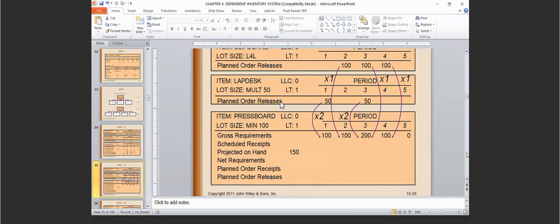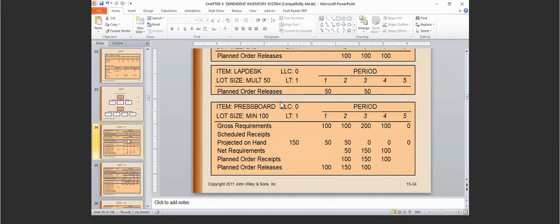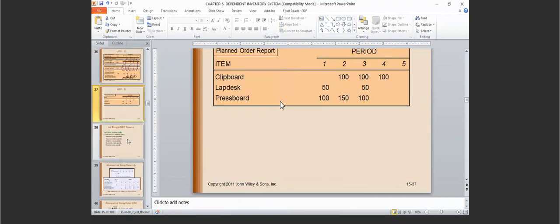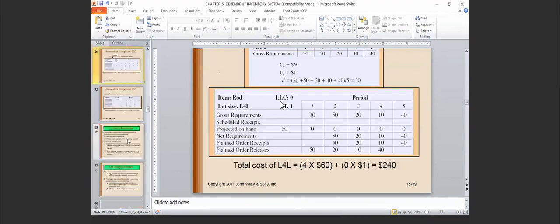Discussion on the MRP system. We will continue our discussion with the other lot sizing techniques to determine the order quantity. For example, we have maximum order quantity, multiple order quantity, economic order quantity, periodic order quantity, and also heuristic algorithm techniques of lot sizing, such as least square.